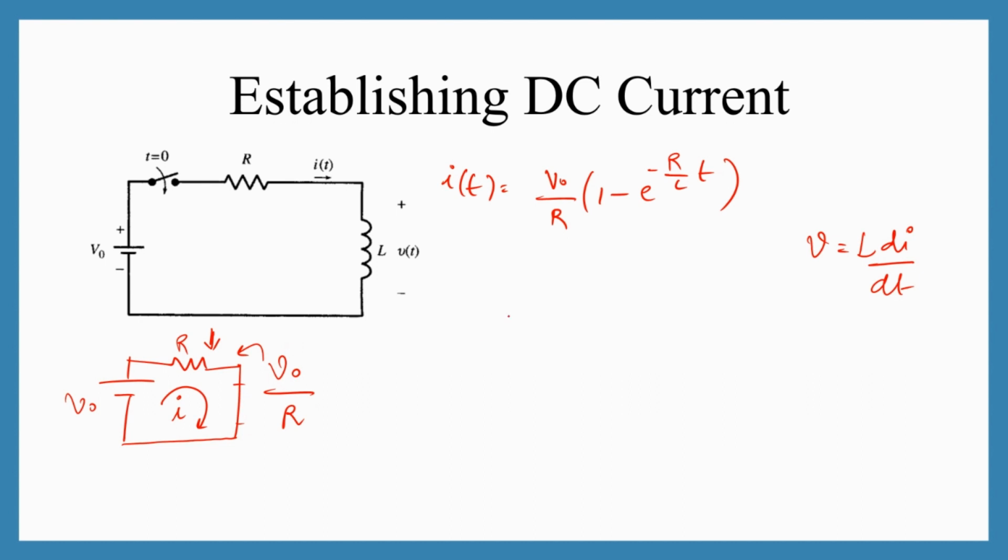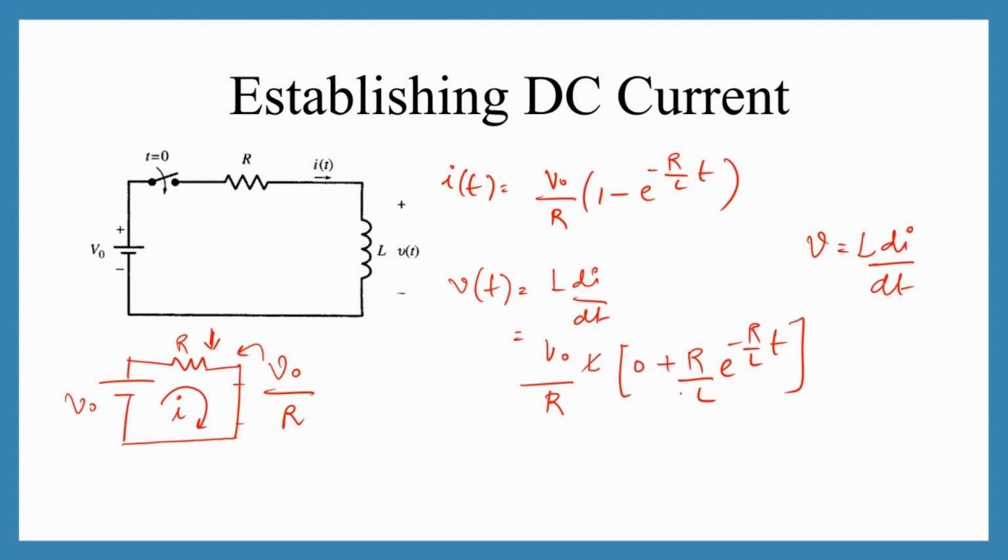Now, what is the voltage expression? So V of t is L di by dt as mentioned. So I need to differentiate this so that I get the expression. And what do I get? I get V naught by R into L into R by L. So there would be a minus sign here, and the minus sign from this exponential, both will make it plus e power minus R by L into t.